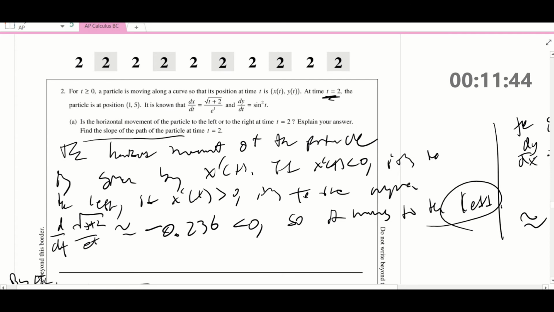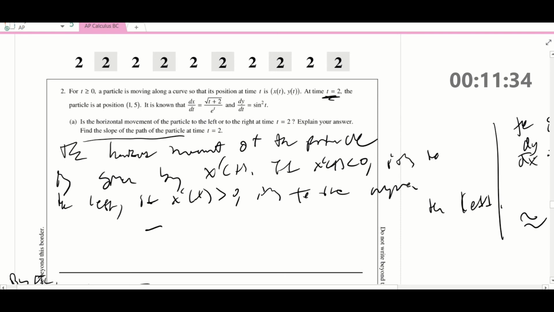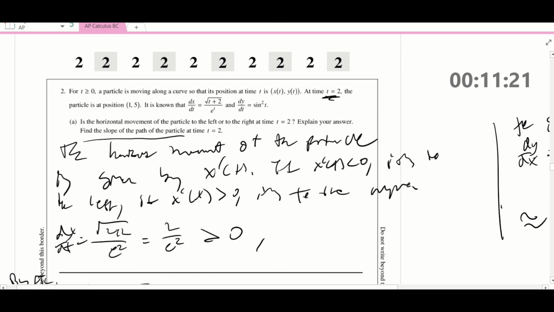Sorry about that. I should restart this over here. So when t equals 2, dx over dt is the square root of 2 plus 2 over e to the power of 2, which is 2 over e to the power of 2, which is greater than 0. So it's to the right, not the left.